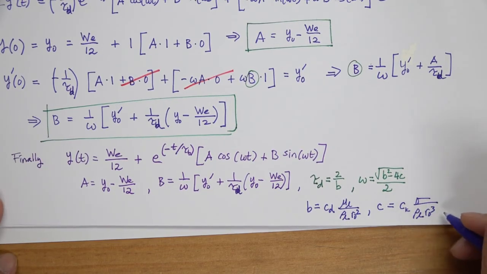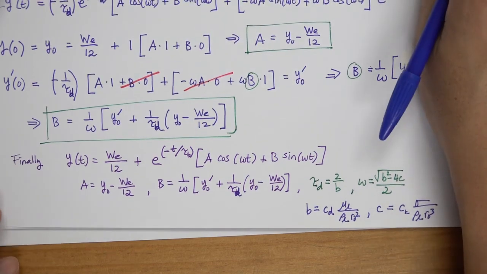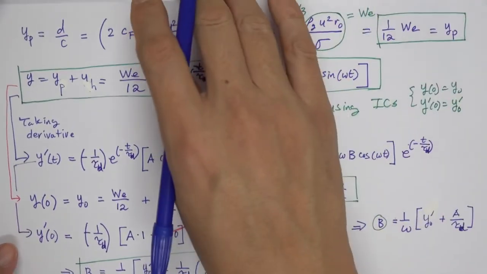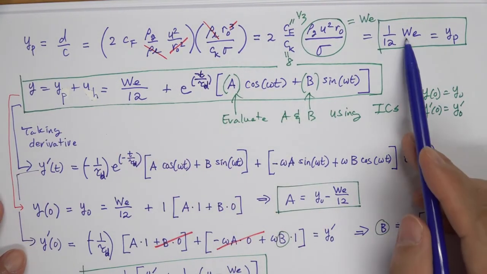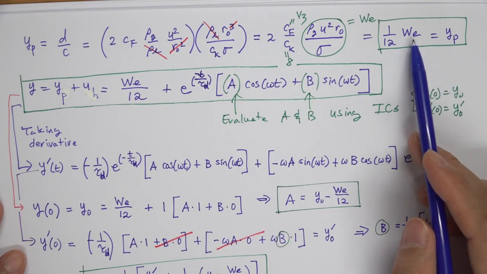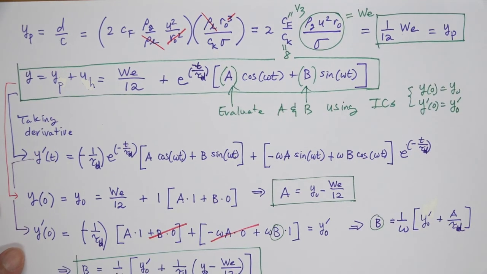Do we have any d here? D really didn't matter because we started with d, and d was just used to express the particular solution, and the particular solution came out to be just the Weber number expression.